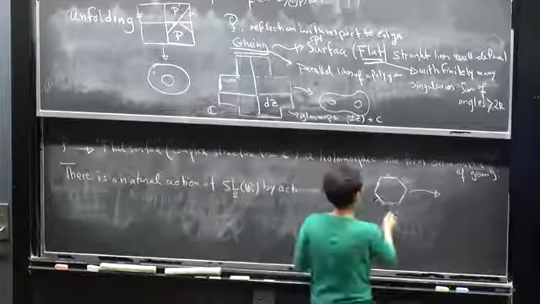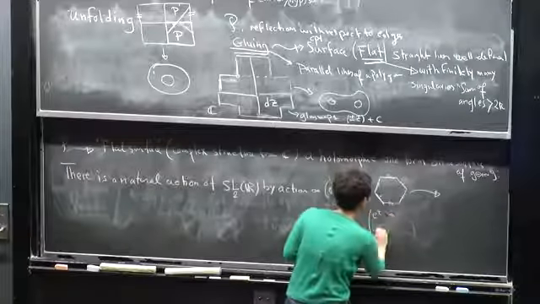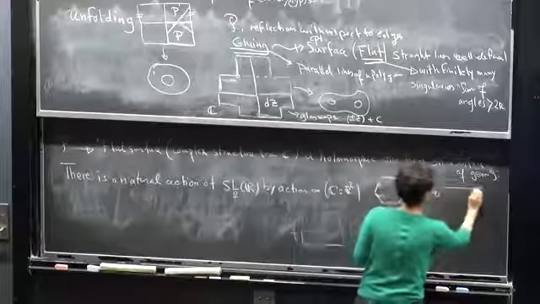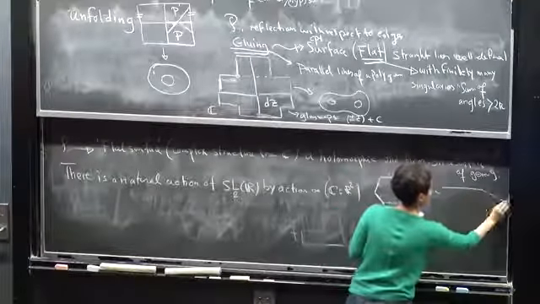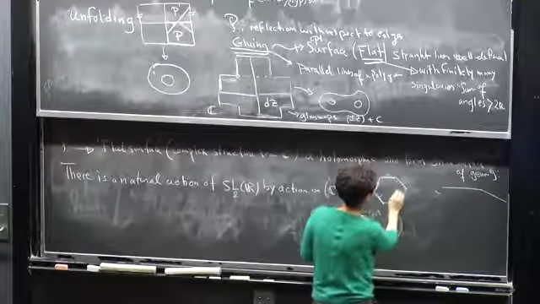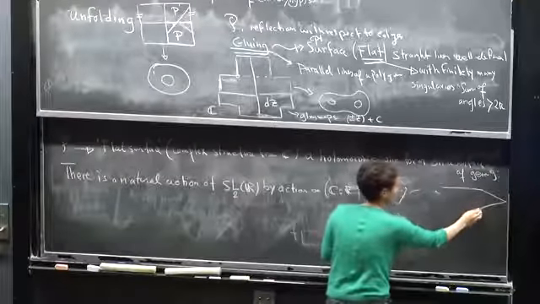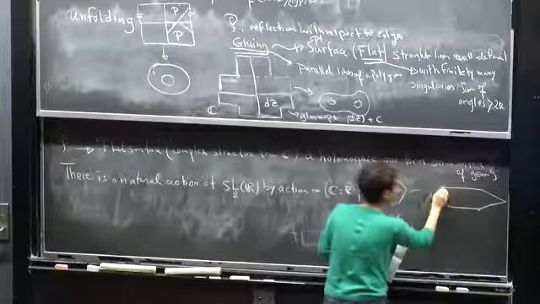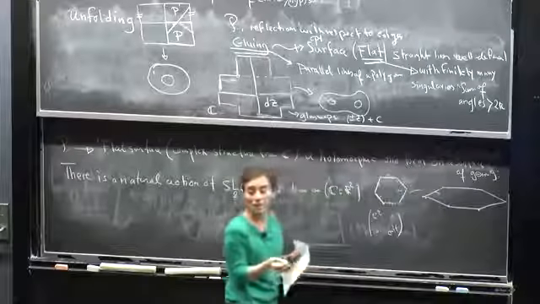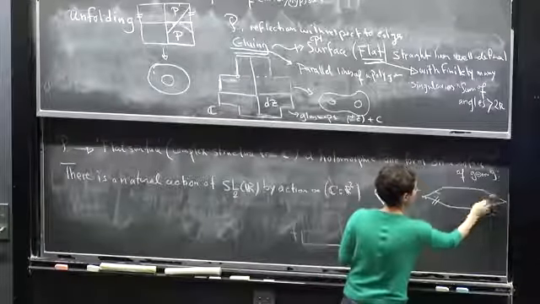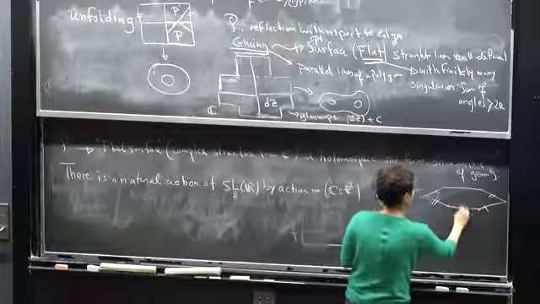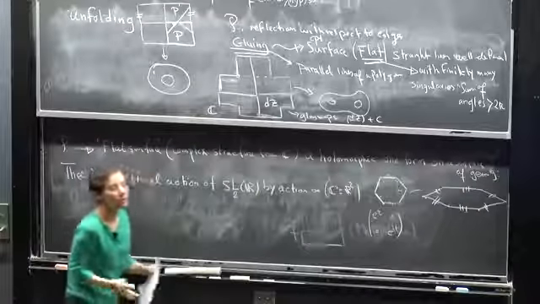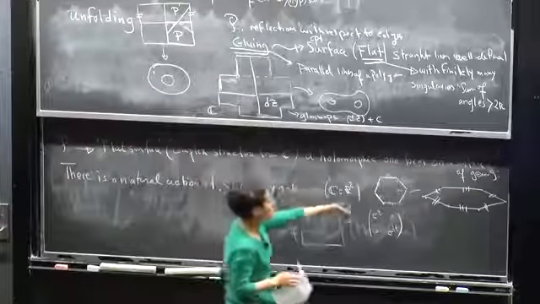You can act by SL2R, maybe by the matrix e to the t, 0, 0, e to the minus t, and one side becomes long, and the other sides also become long, but basically it becomes thin and long. But parallel edges are parallel, so you can still glue the parallel edges and get another structure on a surface.